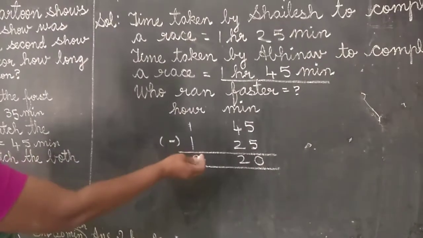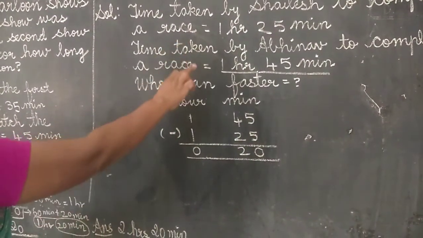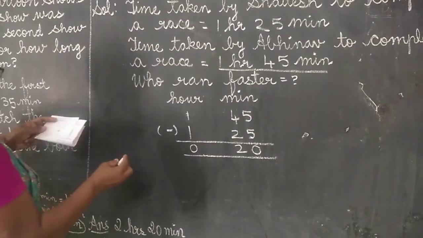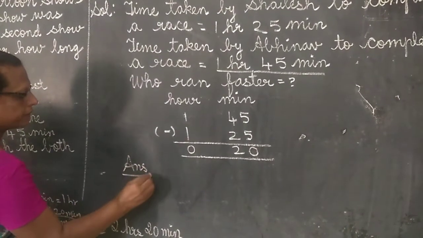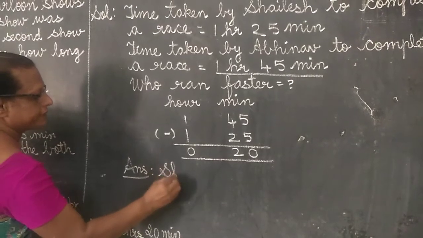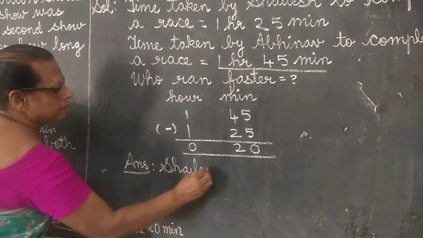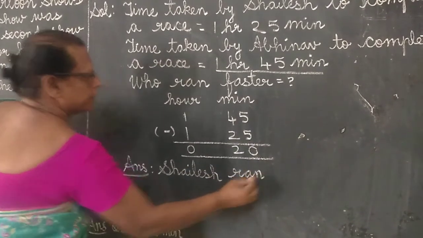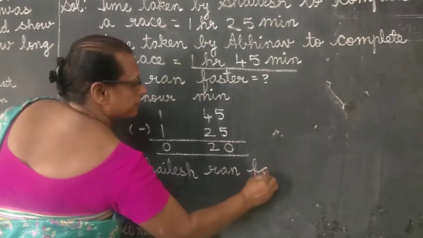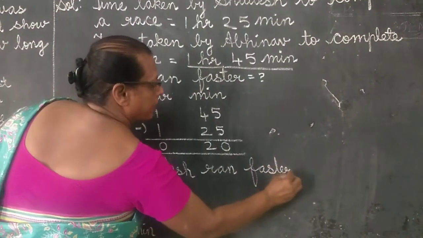So who ran faster? Shailesh ran faster, isn't it, children?